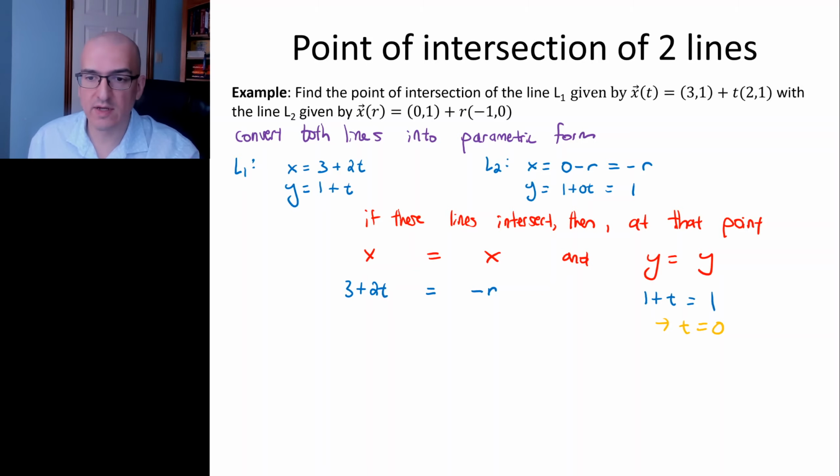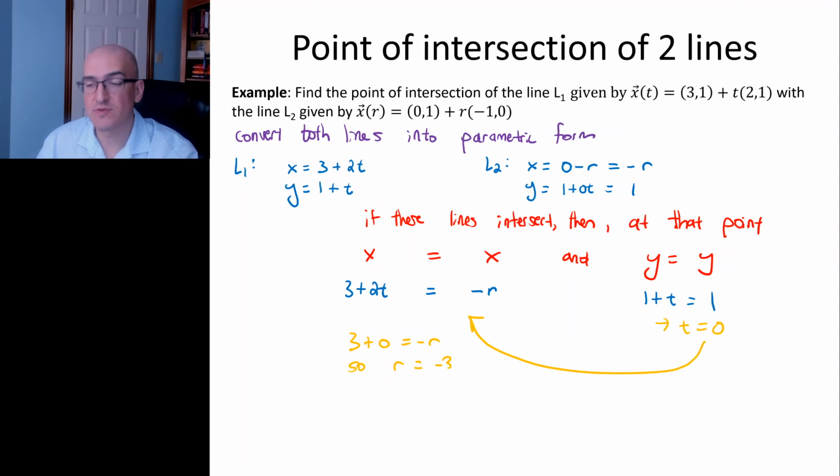Well, I'll just do it quickly. 3 plus 0 is equal to negative r, so r is equal to negative 3. We didn't need to do that. All we needed to do was take our t is equal to 0 value and plug it back into the parametric form for line 1.